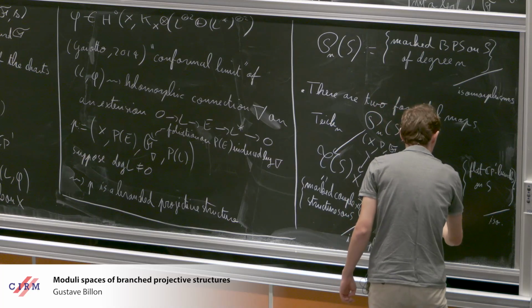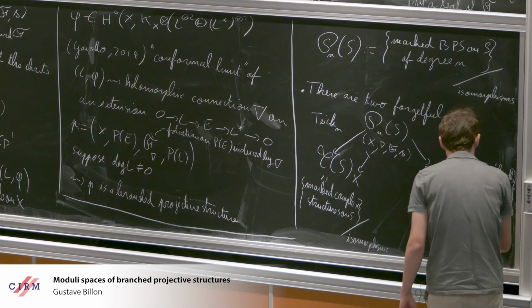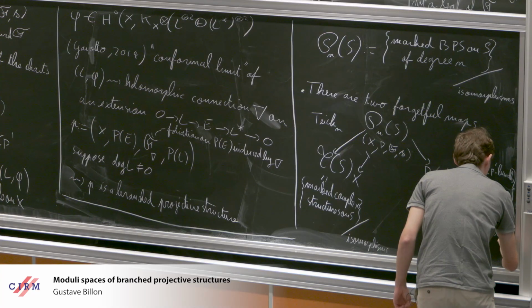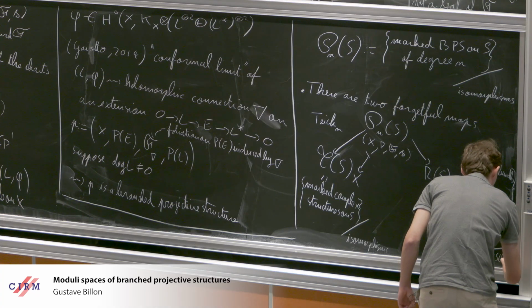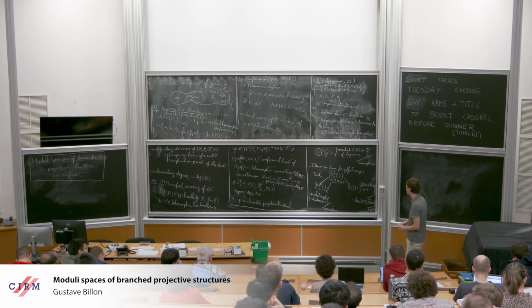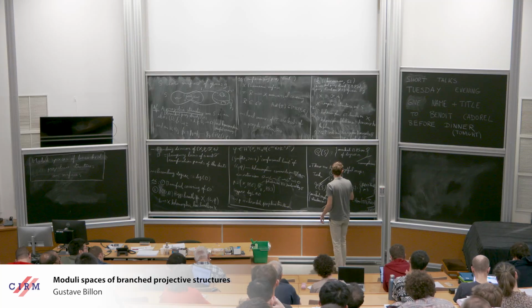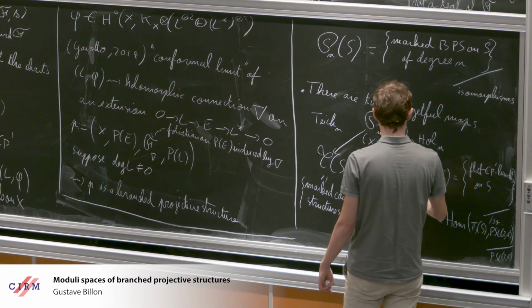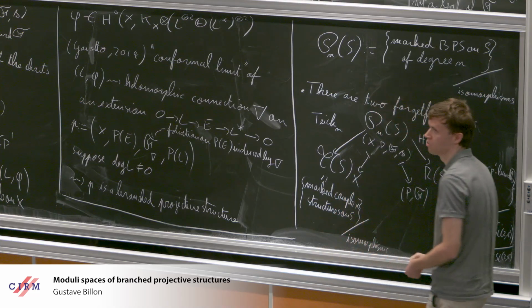This is also the space of representations of the fundamental group of S to PSL2(C), quotiented by PSL2(C) acting by conjugation. For this one, I call it hol_n for holonomy, and I remember only the CP1 bundle with the foliation.